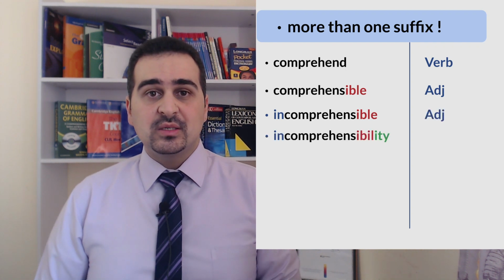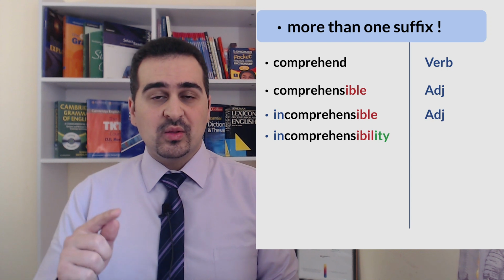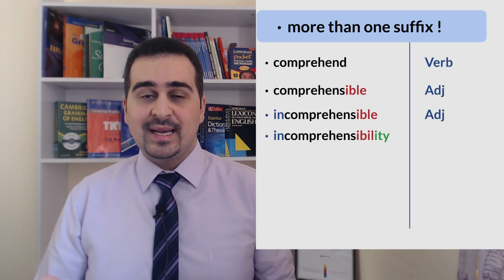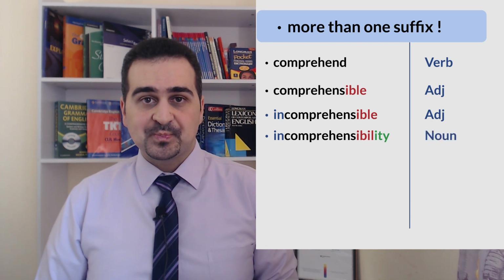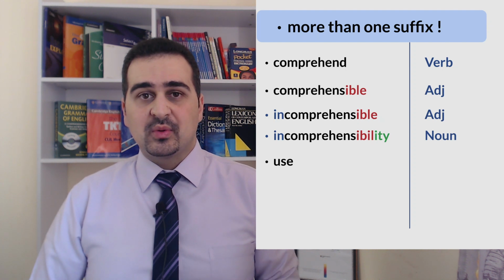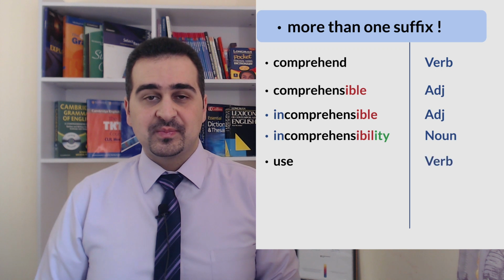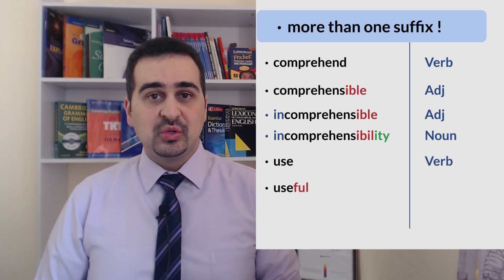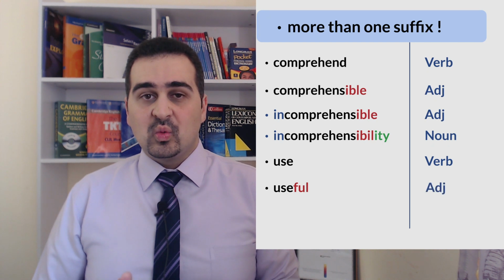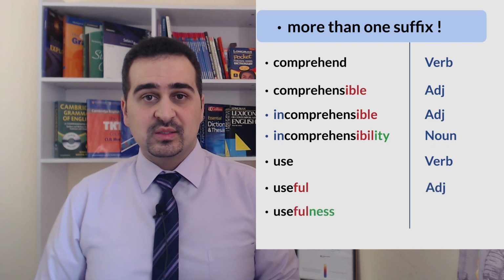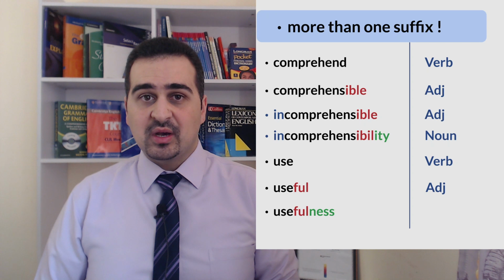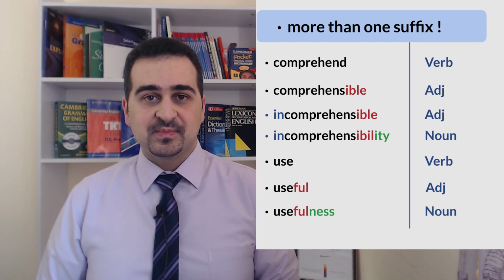Then we can make it into a noun by using another suffix, and it becomes incomprehensibility. Another example, the word use as a verb. We can make it into an adjective and it becomes useful. We can also add another suffix to make it into a noun and it becomes usefulness.